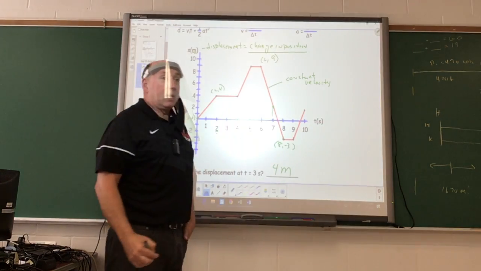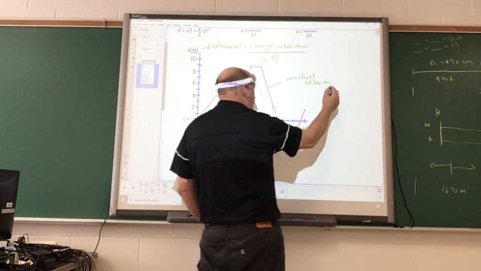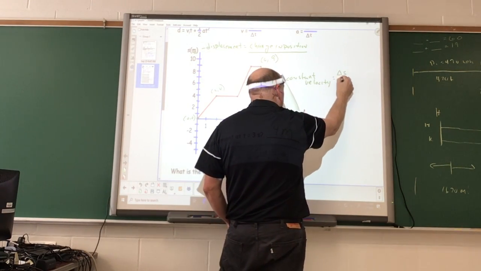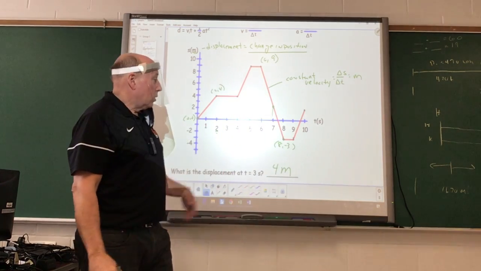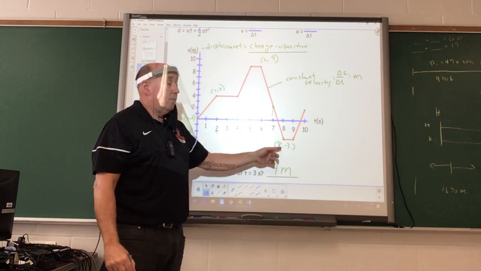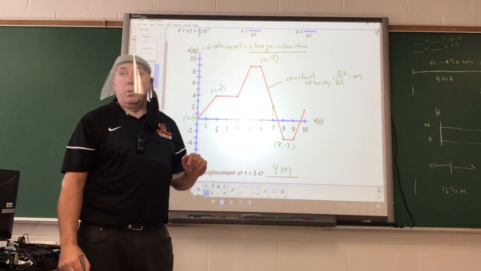And how I can find my constant velocity is delta S over delta T, which is once again our slope. So now I have my 2 ordered pairs here. Go ahead and find your slope.